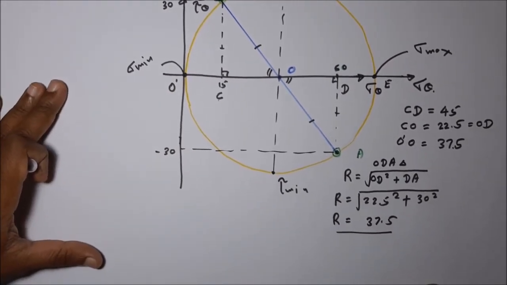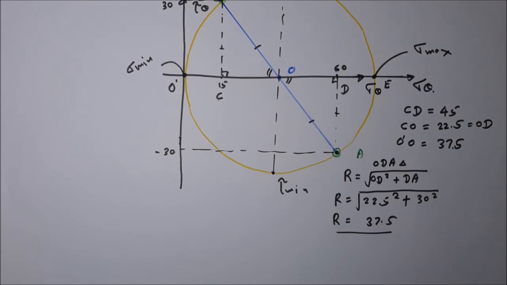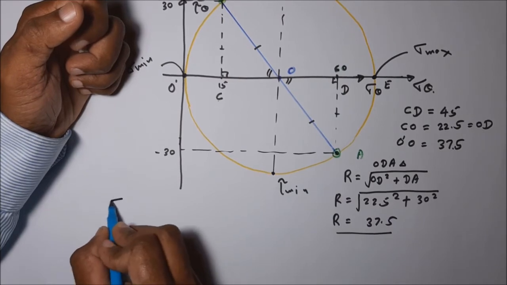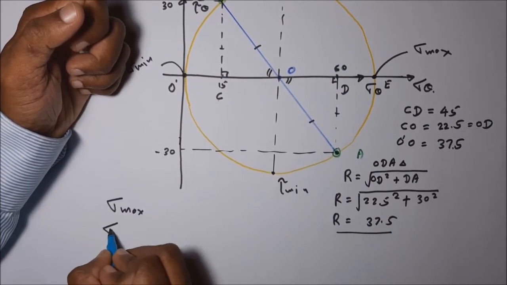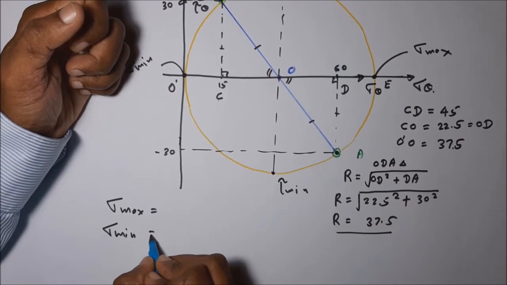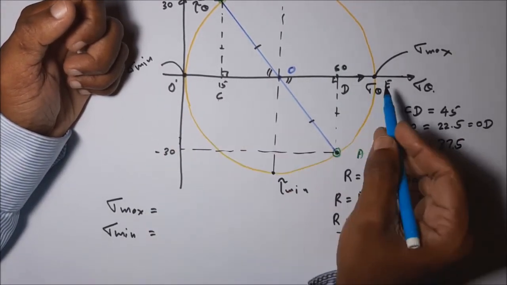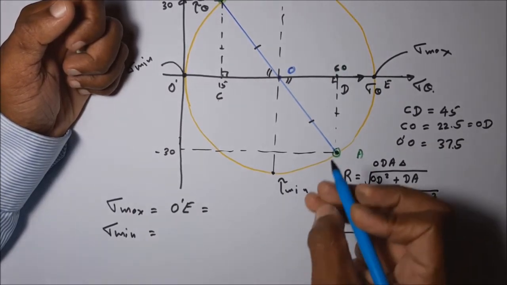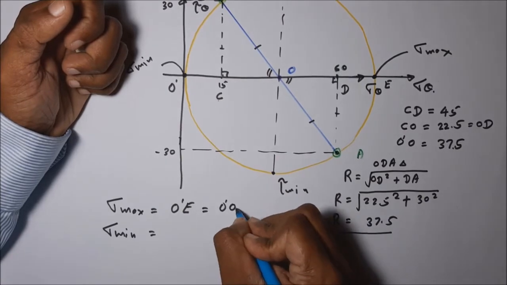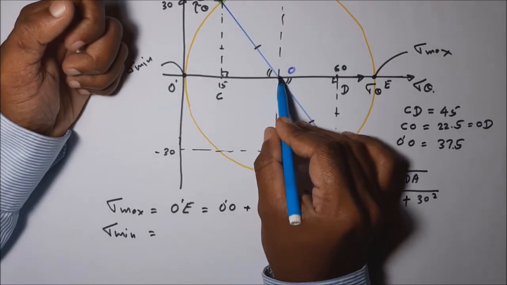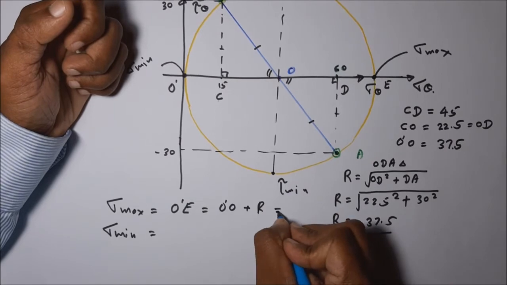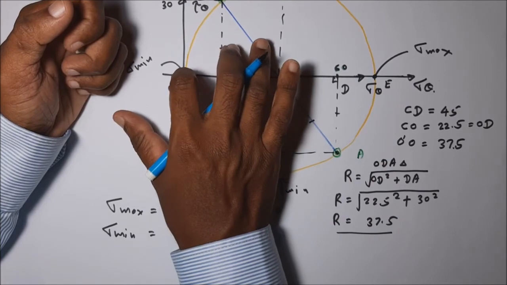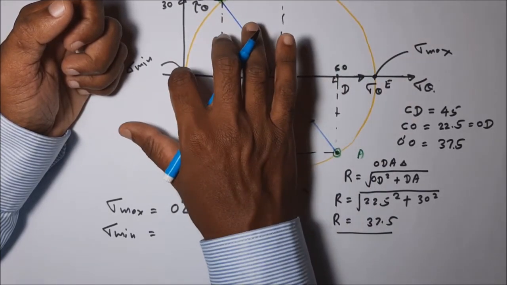Okay, then the problem is asking to find the maximum principal stress. That means the principal stresses, sigma maximum and sigma minimum, we have to find. What is sigma maximum? Sigma maximum means O dash E, no? O dash E is equal to O dash O plus R. This is a special situation, this circle is passing through the coordinate center.